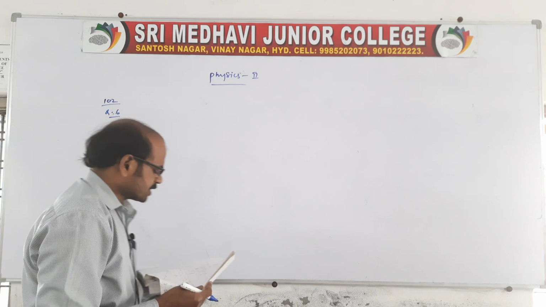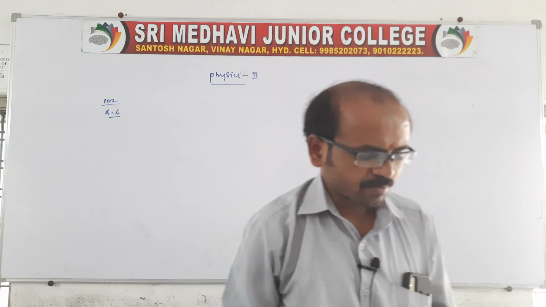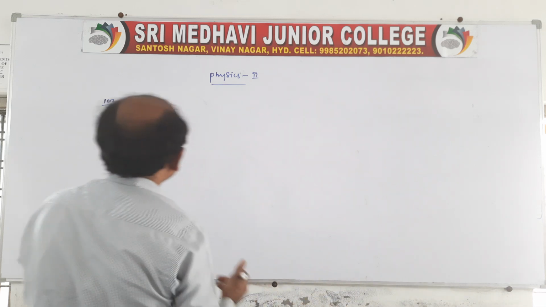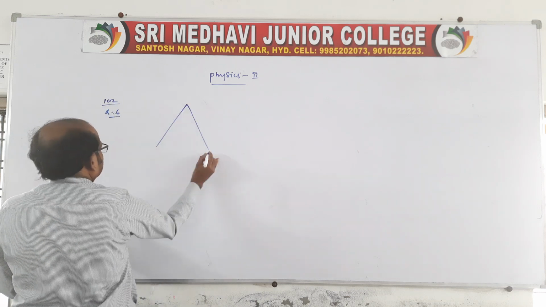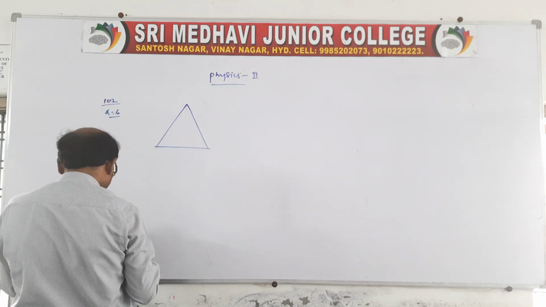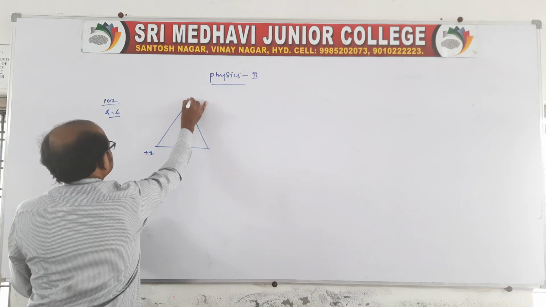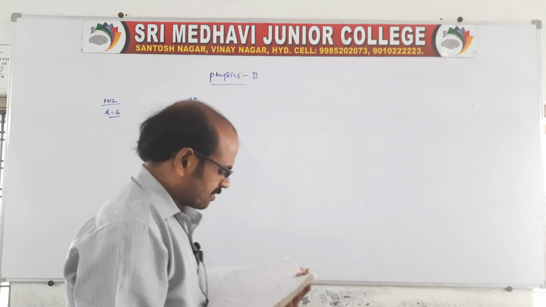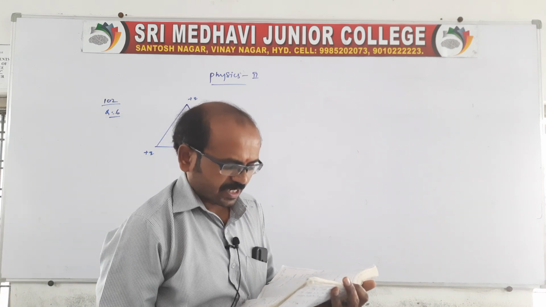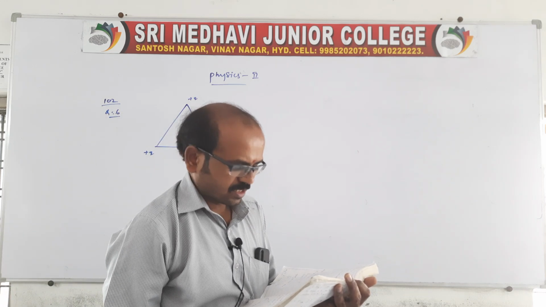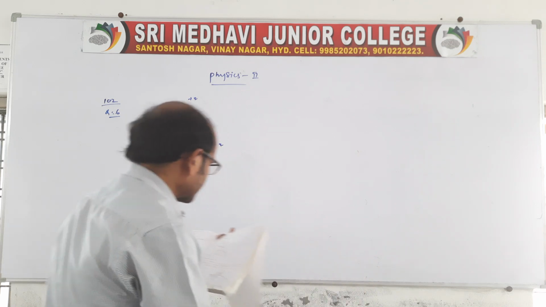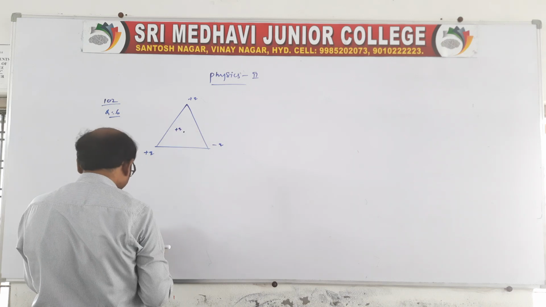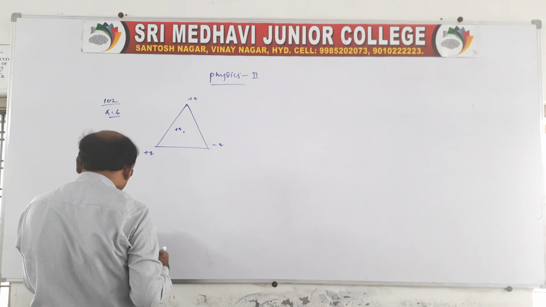Coming to the point: three charges plus q, minus q and plus q are kept at the corners of an equilateral triangle. Two are plus q and another is minus q, placed at the corners of a equilateral triangle of side a. Another charge plus q is placed at the centroid O of the triangle.